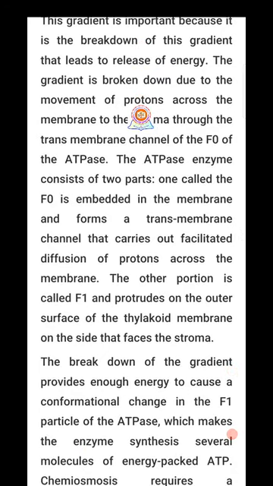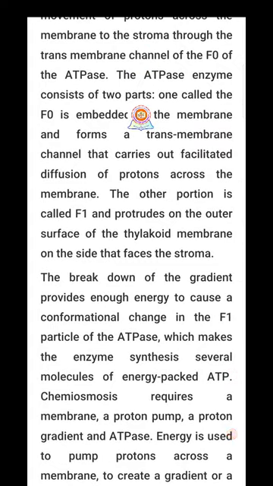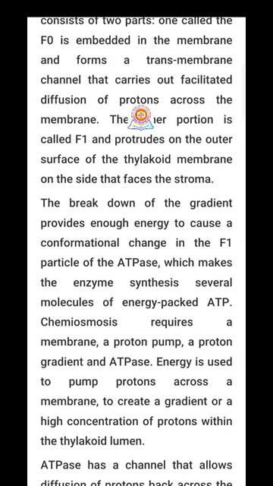The other portion is called F1 and protrudes on the outer surface of the thylakoid membrane, on the side that faces the stroma. The breakdown of the gradient provides enough energy to cause a conformational change in the F1 particle of the ATPase, which makes the enzyme synthesize several molecules of energy-packed ATP.